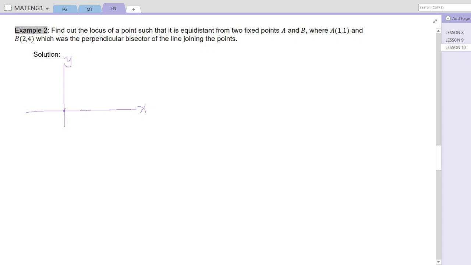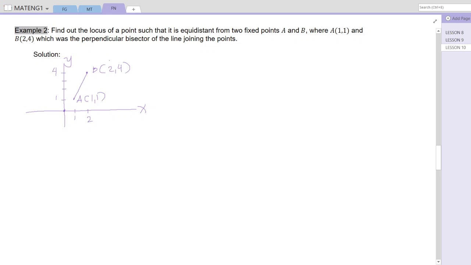Fixed point A is at (1, 1), and fixed point B is at (2, 4). So x there is 2, and y there is 4.